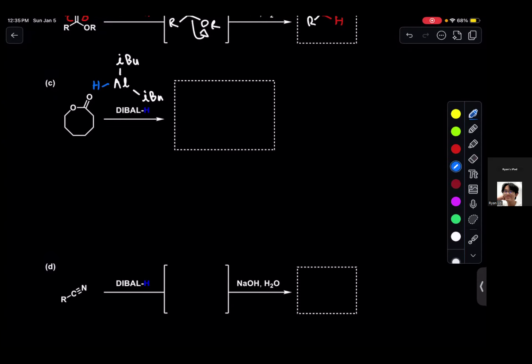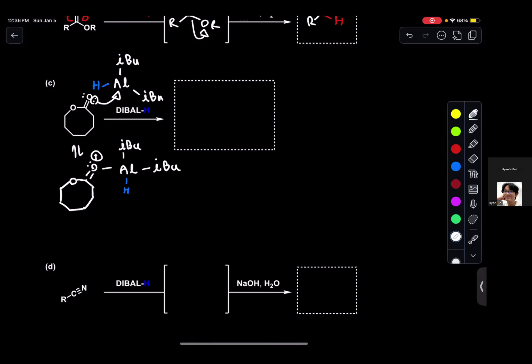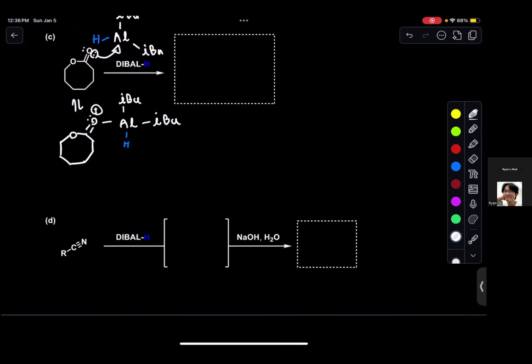The first step is that this oxygen over here is going to attack onto this aldehyde right here. You get a plus charge on this one right here, so you end up with an H right here. Let me make sure I count all the carbons: 1, 2, 3, 4, 5, 6, 7.